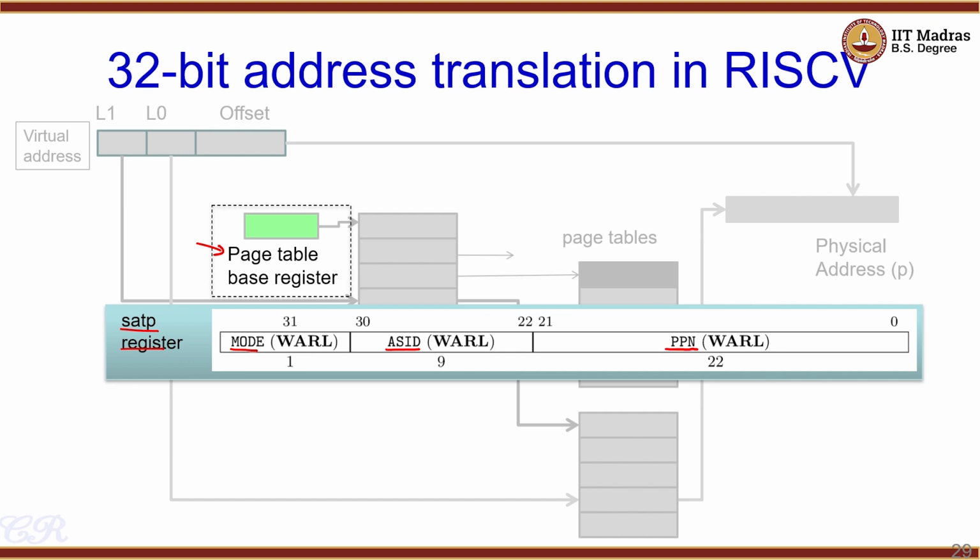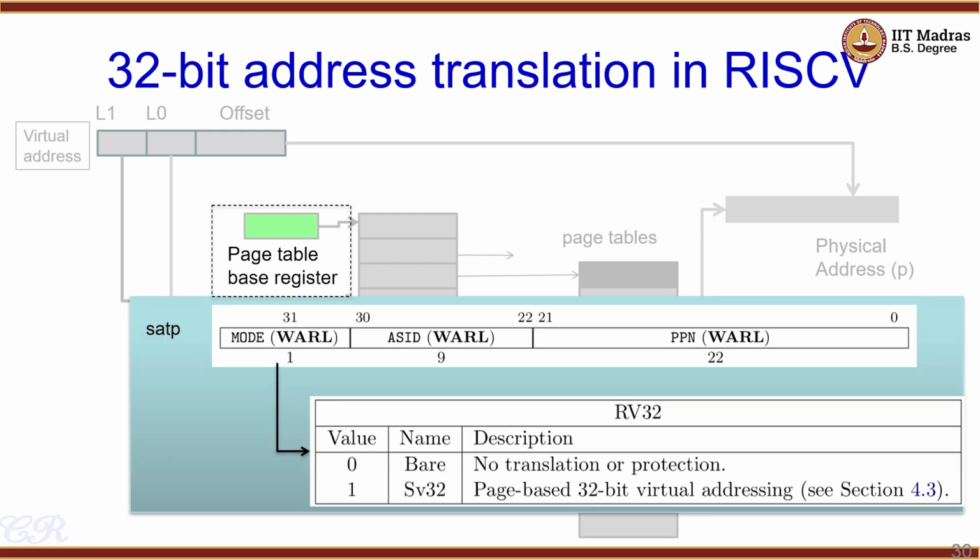So, the mode bits will tell you whether there is a page translation or not, right. If this mode bit, which is one bit, the 31st bit, is 0, it means that there is no address translation to physical address. In other words, we are disabling the memory management unit.